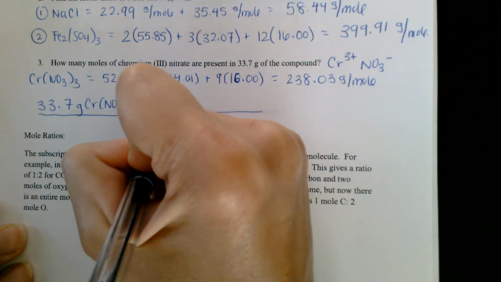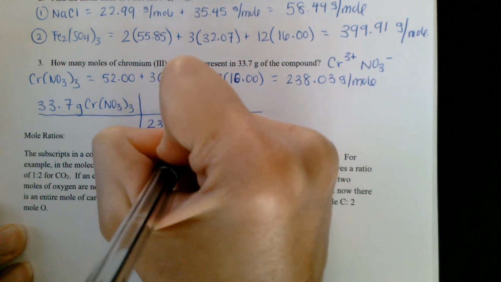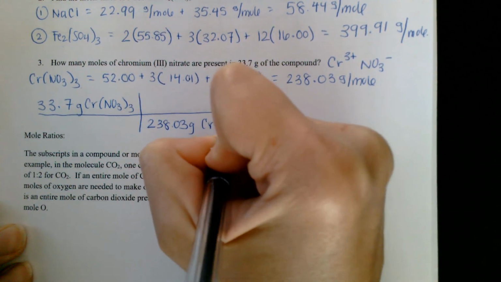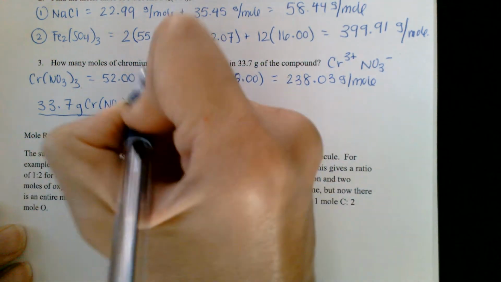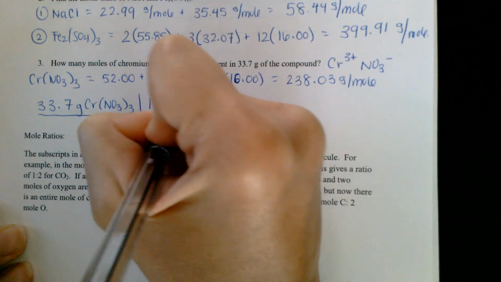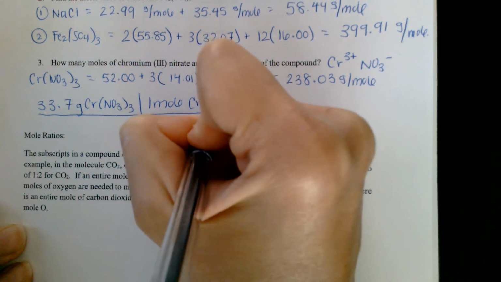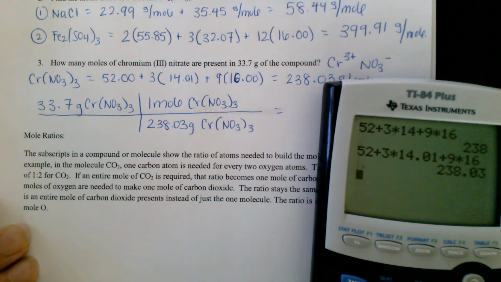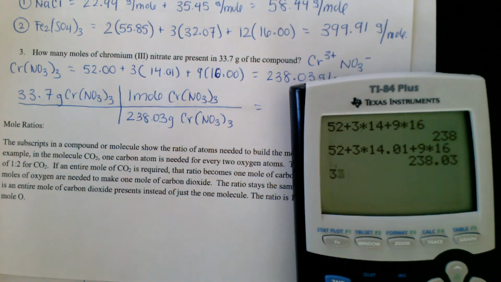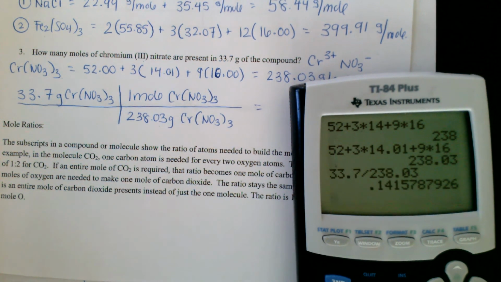So that's our 238.03 grams of chromium nitrate, and that 238.03 is for every 1 mole of chromium nitrate. So we have 33.7 divided by our molar mass, which we just calculated.